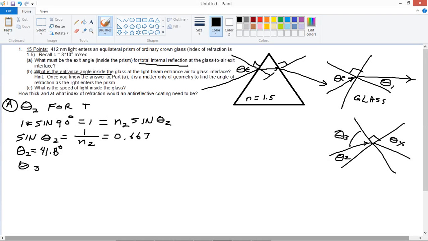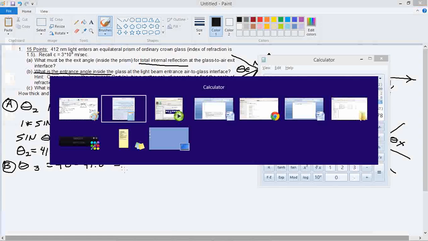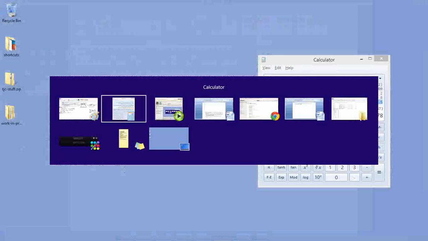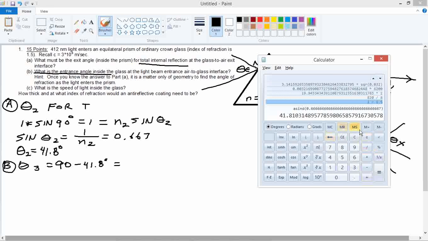You have to use geometry to work it backwards. And that's what I'm doing. I'm doing part B, using my geometry to work backwards. 90 minus 41.8 equals, I'm going to store this just to make sure that I keep it around.